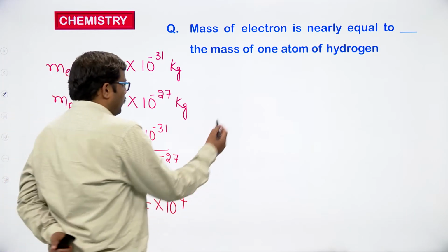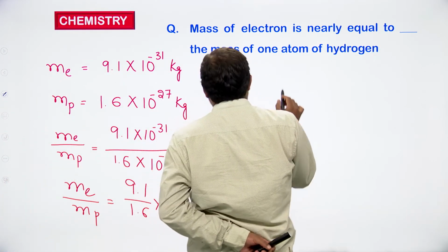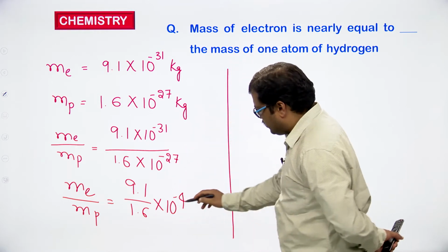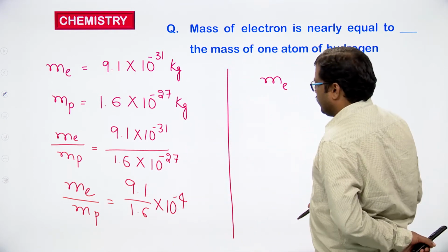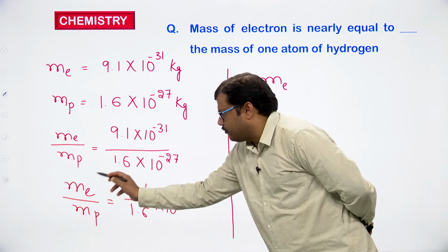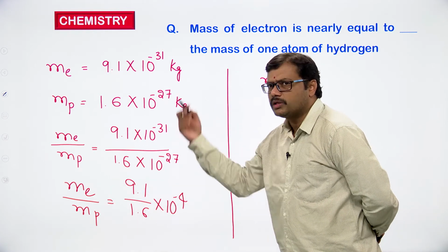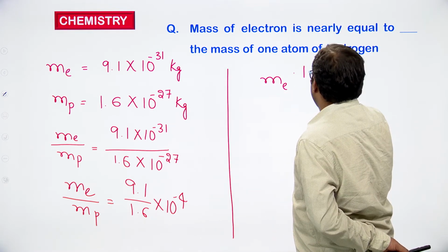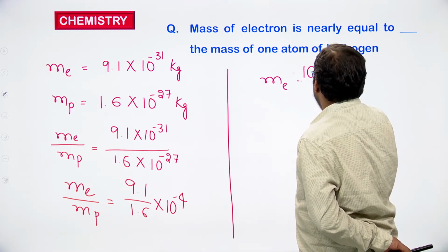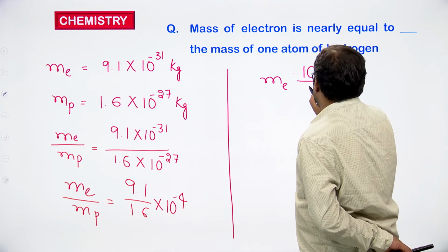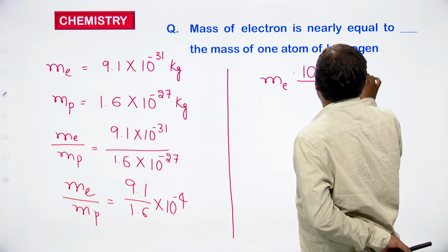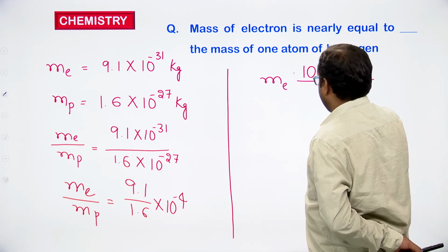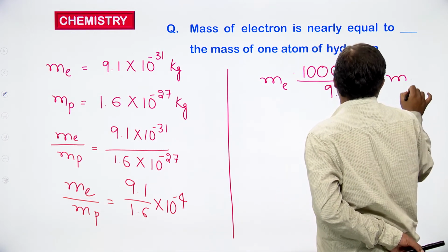If I use it the other way around, if I want to calculate the mass of the electron and bring the term to the other side, it automatically becomes 1 by 10 to the power of minus 4. When it goes upside, it becomes 10 to the power of 4. So we can write it as 10 to the power of 4, which is 1000, into 1.6 divided by 9.1, into the mass of the proton.